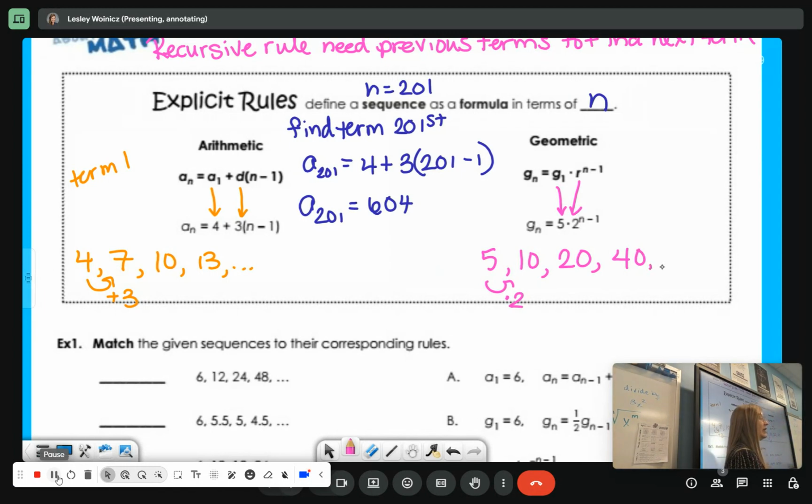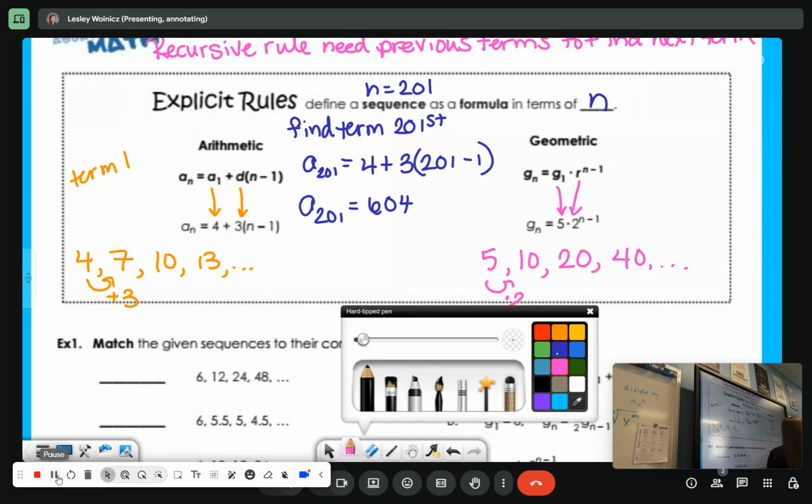If I want you to find a specific term, could I tell you what n is and have you put n in the power and simplify? Yeah, and then you probably outsource that to your calculator because it might get real big real fast. Questions for me? Would you like to see what that looks like? Okay.